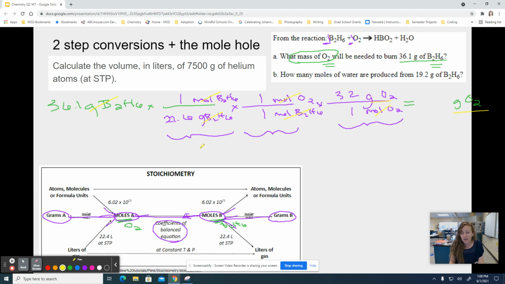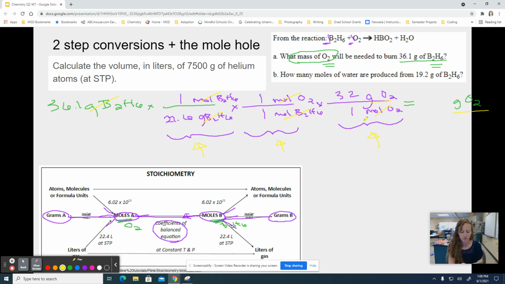The only way now I could have made a mistake is if I use the wrong conversion factors or I put the numbers in the wrong spot. So I can go through and look, is this reasonable? 27.6 grams per 1 mole. That sounds reasonable. 1-to-1, yep, that's what my reaction says. And then 32 grams per 1 mole, that also sounds reasonable.